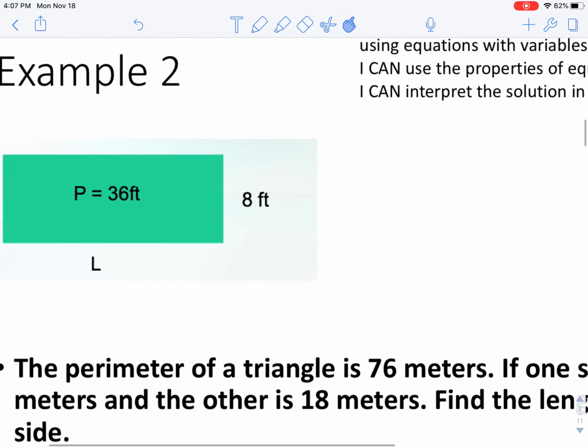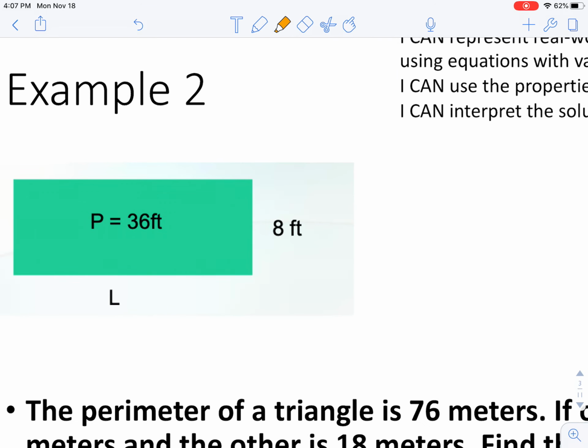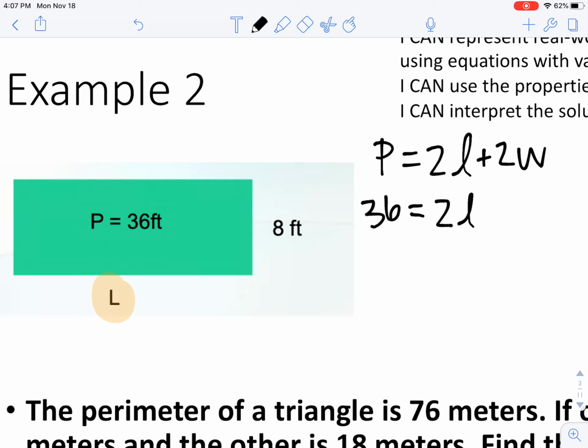Example number 2. We are going to find this unknown length. We know that the perimeter of a rectangle is 2L plus 2W. We're given our perimeter is 36. Our length is unknown and our width is 8. I'm going to solve this.